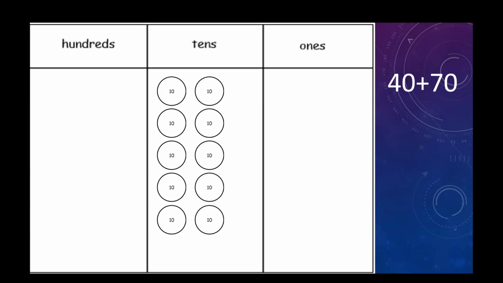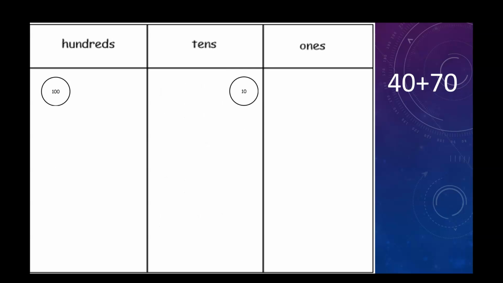Okay, now we have 10 10s. That means we can bundle all of those up and we can move them over to the hundreds place. So let's bundle them up and move them over, and we added 1 more 10 there, which made 70. So our answer is 110. We have 1 hundred and we have 1 ten.